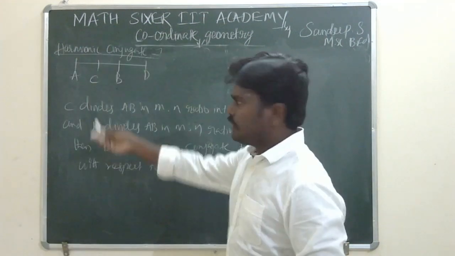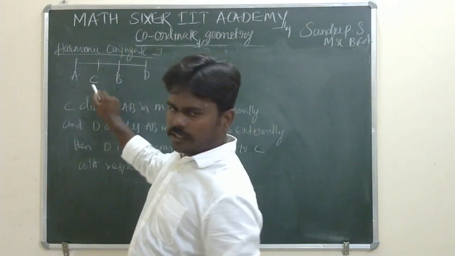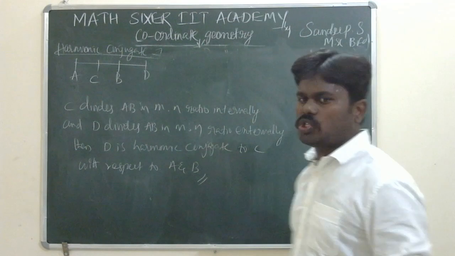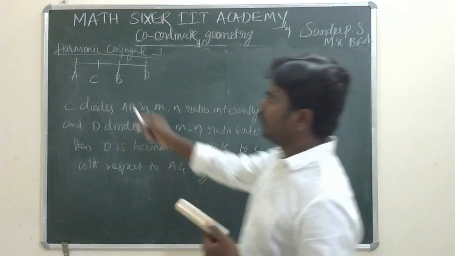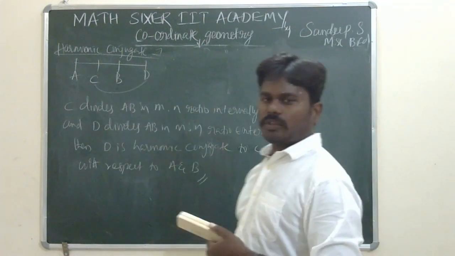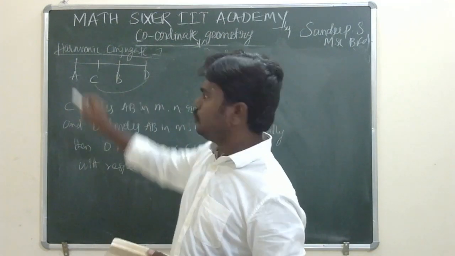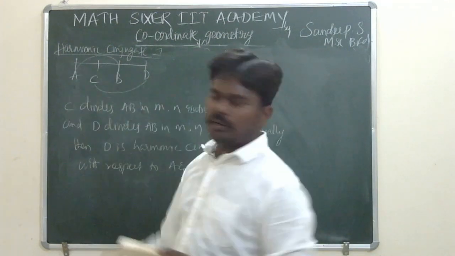If C divides AB in the ratio of m is to n internally and D divides AB in the same ratio m is to n but externally, then C and D are harmonic conjugates of each other with respect to the points A and B.